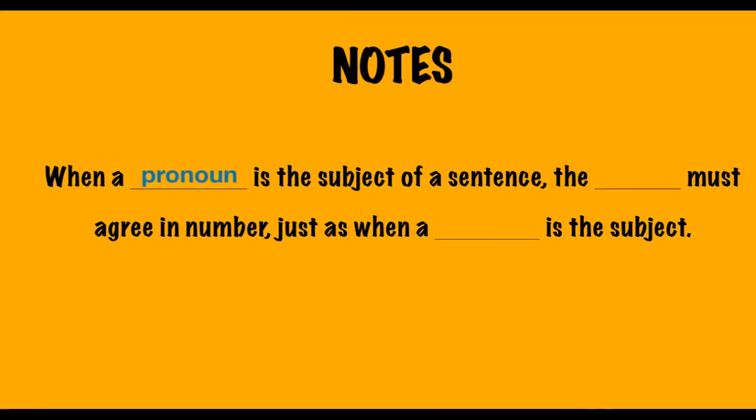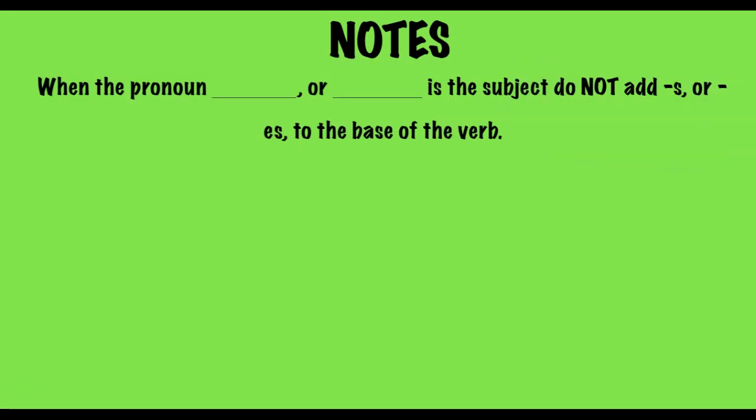When a pronoun is the subject of a sentence, the verb must agree in number, just as when it is a noun. So when the noun is a subject, it's the same thing for the pronoun. When the pronoun I or you is the subject, do not add s or es to the base of the verb.